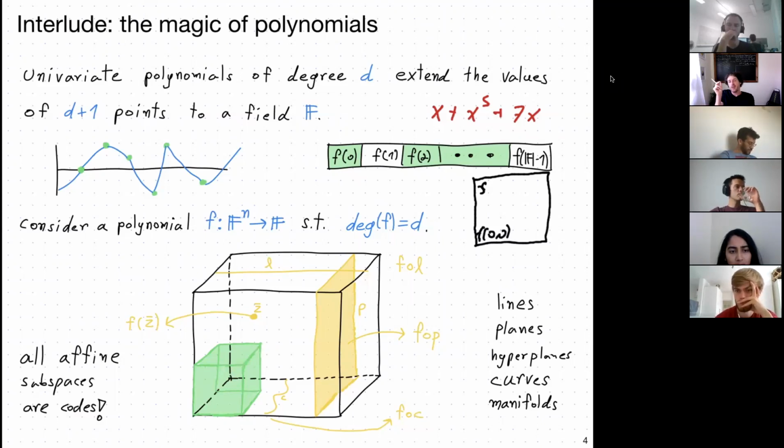Notice this is something of density which tends to 0, it doesn't have volume, it's just a one-dimensional line. And if the line is a low-degree polynomial, then the entire object with high probability will be of low degree.